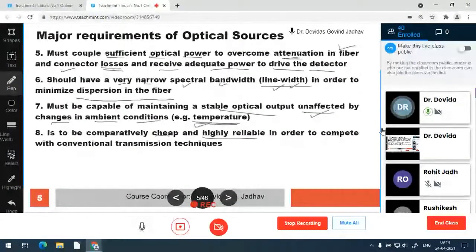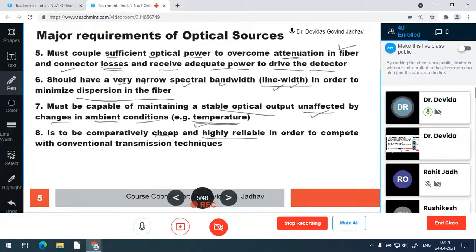It must couple sufficient optical power to overcome the attenuation. Its output should be sufficiently large so that the launched power overcomes the attenuation of the fiber and connector losses, and adequate power is given to the detector at the receiver.